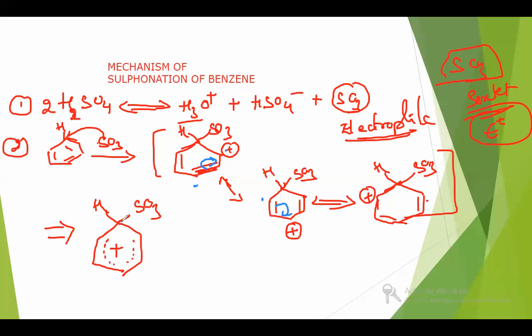This carbon with hydrogen and SO3 has single bonds, so there is no delocalization of pi electrons through it. So we get the structure with SO3- and H.